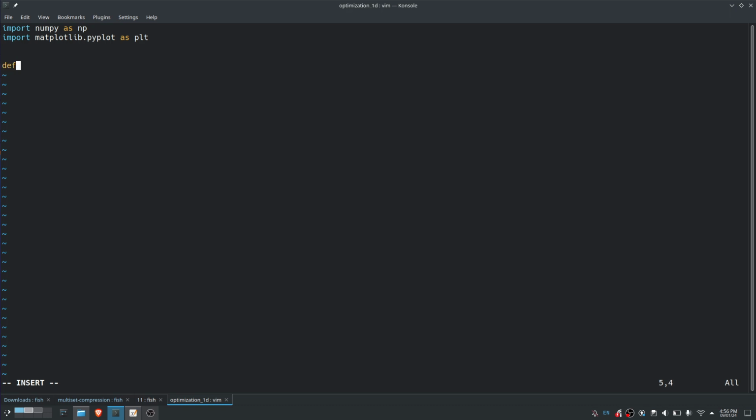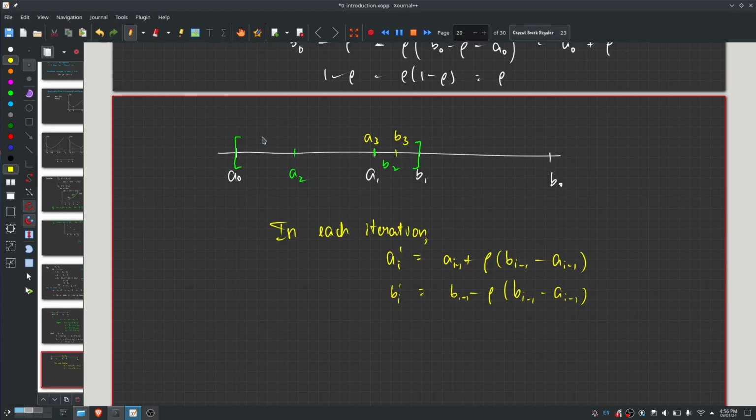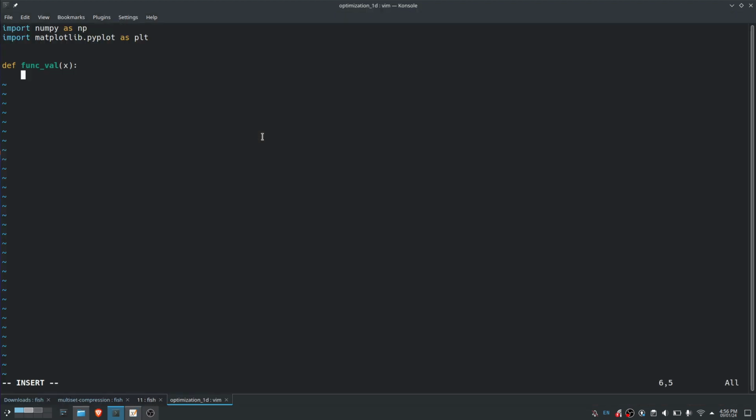Let me define a function value at x, and take an example: f equals x to the 4 minus 14 x cube plus 60 x square minus 70.